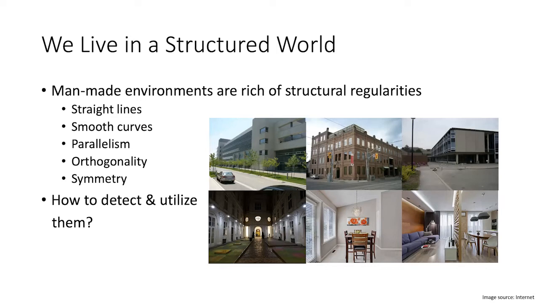There's very rich information in the scene, in the image, and we barely use it for 3D reconstruction, especially in the classical setting. There are lines, parallel lines, smooth curves, parallelism, orthogonality, symmetry, and so on. From a single view, we almost have a perfect perception of 3D geometry, which means there's tremendous information there. It's not encoded in local features, not in SIFT, not in corners. So how can we actually leverage it?